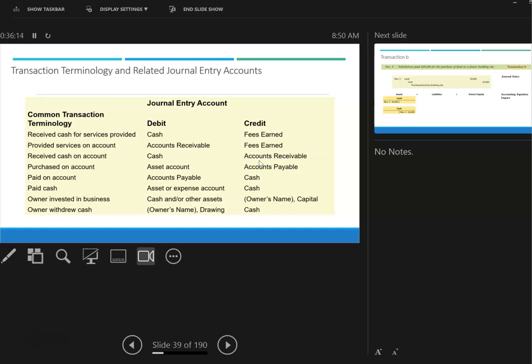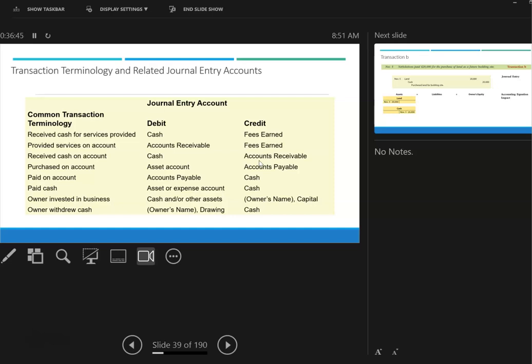When we pay cash, say we have a utility bill, what happens to cash when we use it? Goes down, which means it gets credited. And the expense gets debited, or if we purchased an asset, that asset gets debited, right? Because don't expenses have a normal debit balance? And don't assets have a normal debit balance?